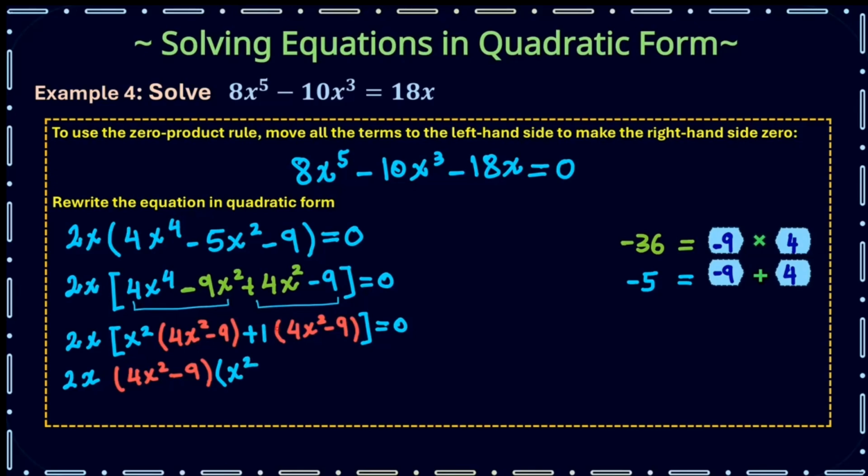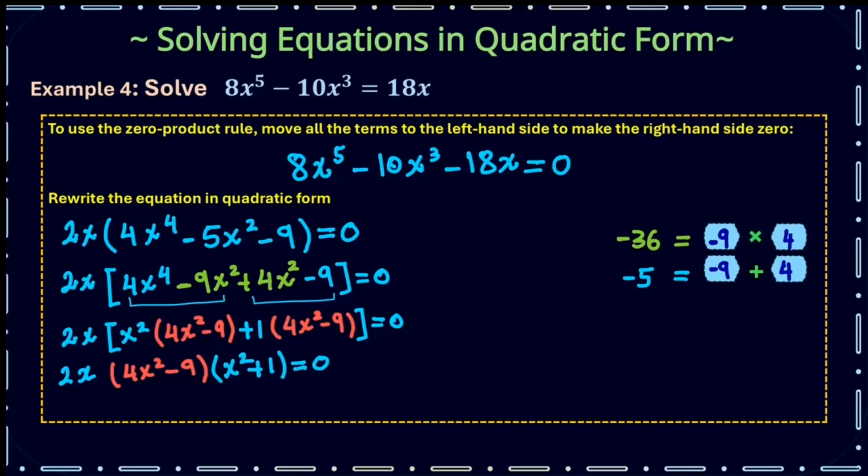And from the second group, if you cover 4x squared minus 9, we are left with plus 1. And again, I can drop the bracket because I have a series of multiplications. They're all factors. Now notice that the expression inside the red parentheses consists of a difference of two squares, which can be factored.